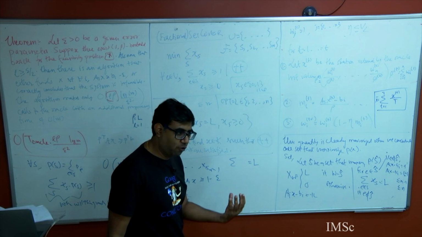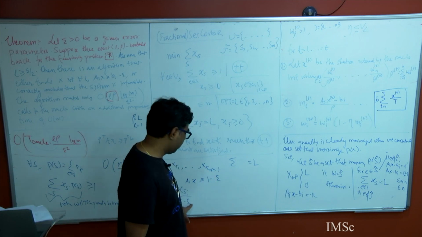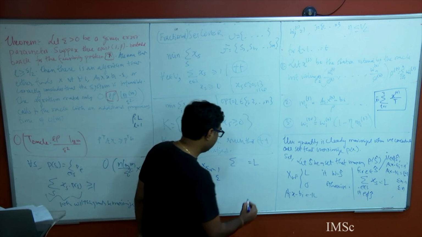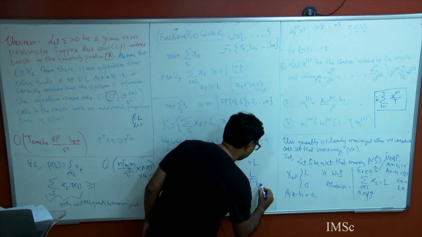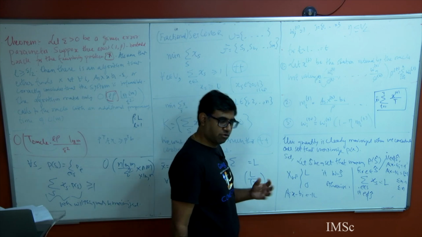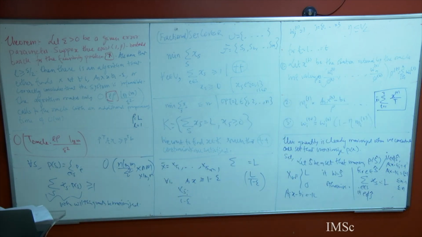I have to divide by 1 minus epsilon. So what is my new value? It is going to be L divided by 1 minus epsilon. So you are slightly far, you are not matching your LP value, which you can solve exactly, right? It's a 1 minus epsilon approximation to your LP. This is how you should view it.